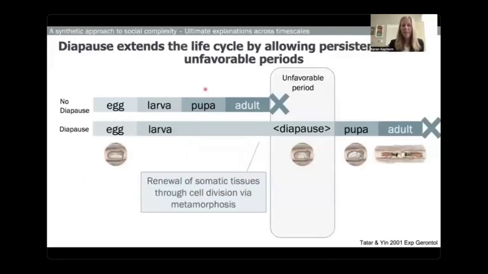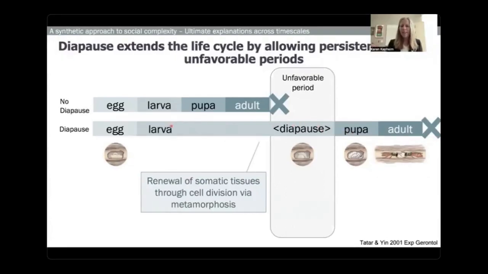And diapause can allow for the extension of lifespan by allowing insects to persist across unfavorable periods. Now, for example, if there were no diapause in this holometabolous insect, then once the unfavorable period comes, that's it. They're dead. That's the end of the life cycle. But if they have diapause, they can persist across that unfavorable period and thereby extend their total lifespan.